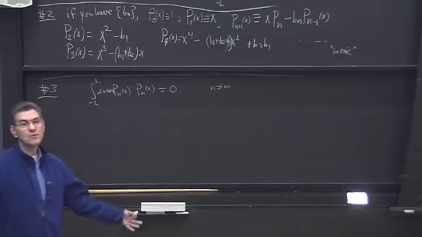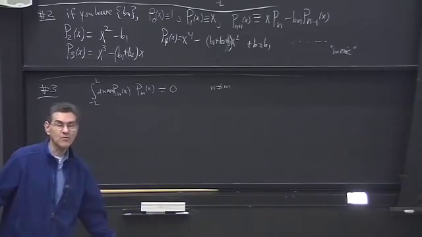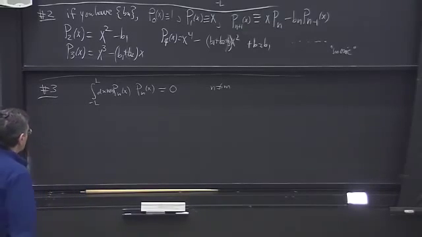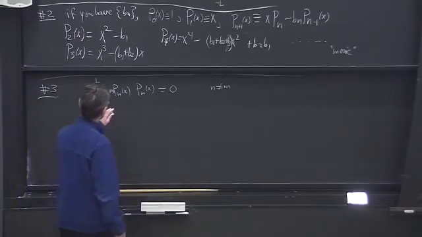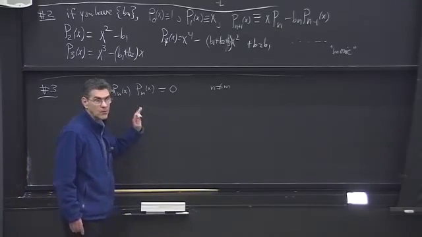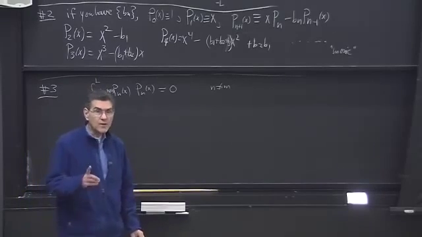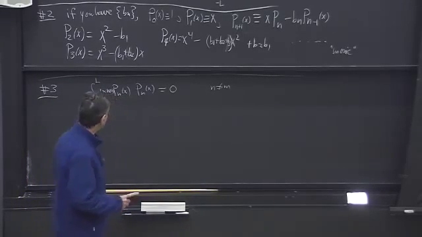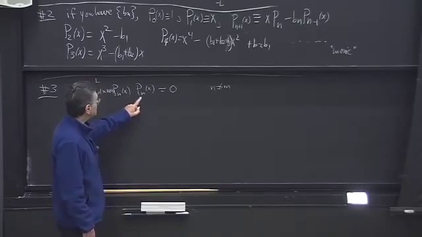I mean, what else? There isn't really anything else. If you have a set of polynomials, the most interesting property they could have is that they're orthogonal polynomials. So the dot product of these vectors is 0. Now, we're not saying the polynomials are orthonormal. That would be some statement about what happens when n is equal to m.